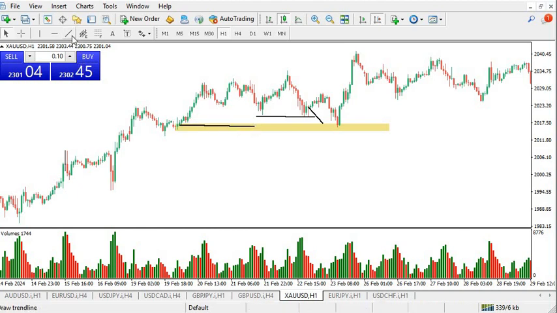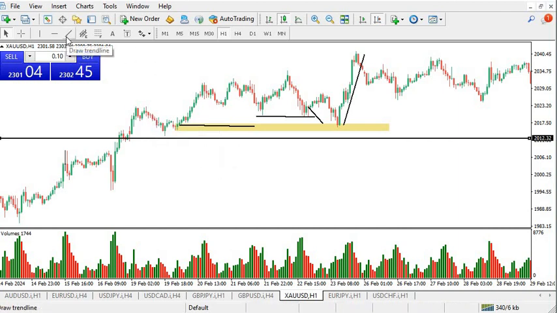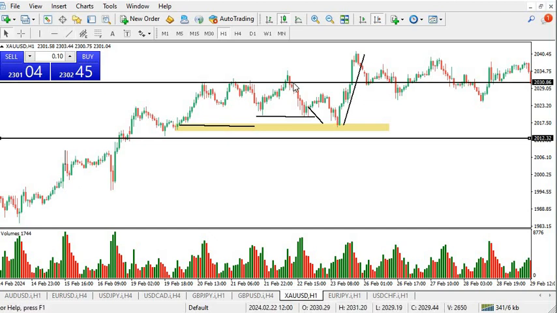And after mitigating this order block, the market went to the upside. So here we would have placed our stop loss below, let's say, a short-term low or an intermediate-term low, and we would have targeted the next order block as a profit-taking area, let's say this one. So it was clearly a 1:3 risk to reward for us.